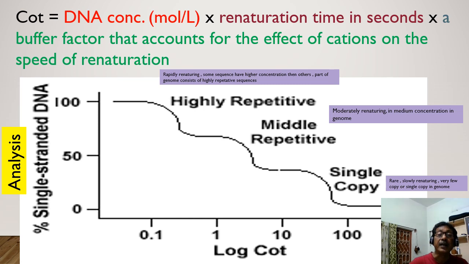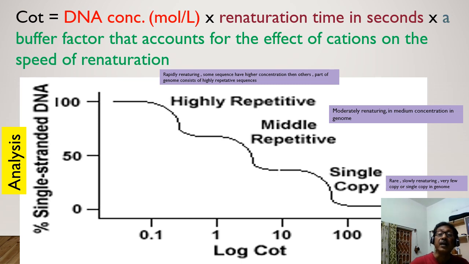Here we get a result of three areas. The first one is immediately being renatured, and this is called rapidly renaturing, the highly repetitive sequence. The next is not as rapid, so it is moderately repetitive, and the last is very slow, so it is single copy.